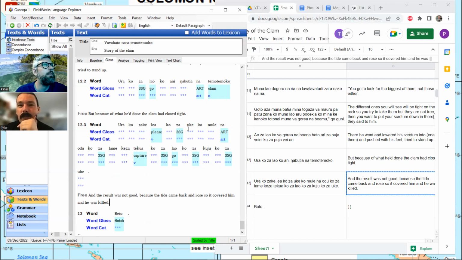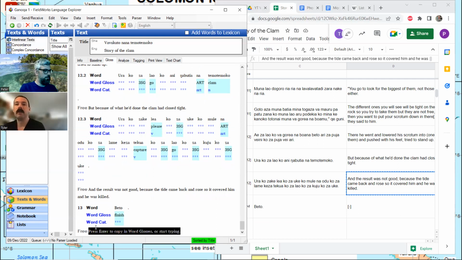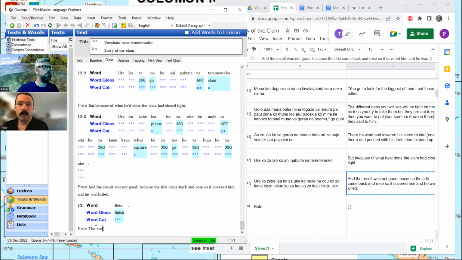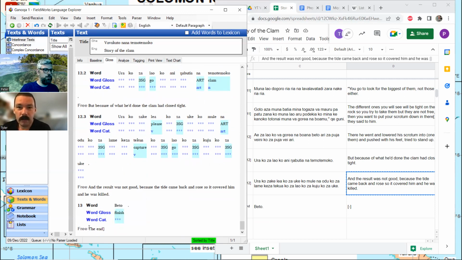We get uke, that might be tide rising, cover. The tide came back and rose, so it covered him, and he was killed. Beto is left. Yeah, the end. That's what we're supplying. Yeah, not in the original.